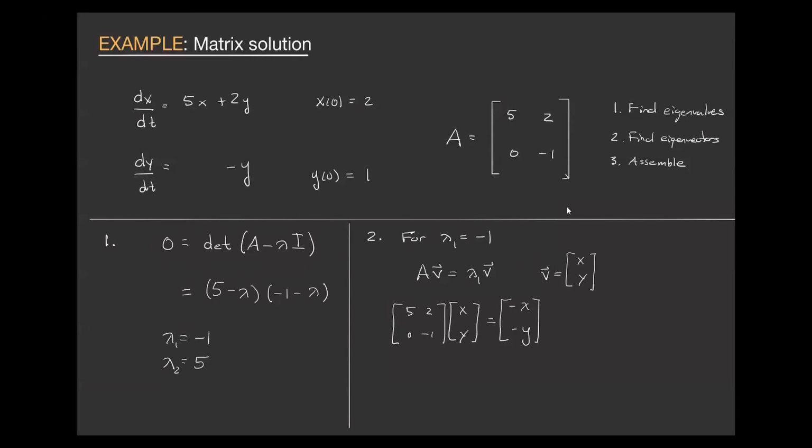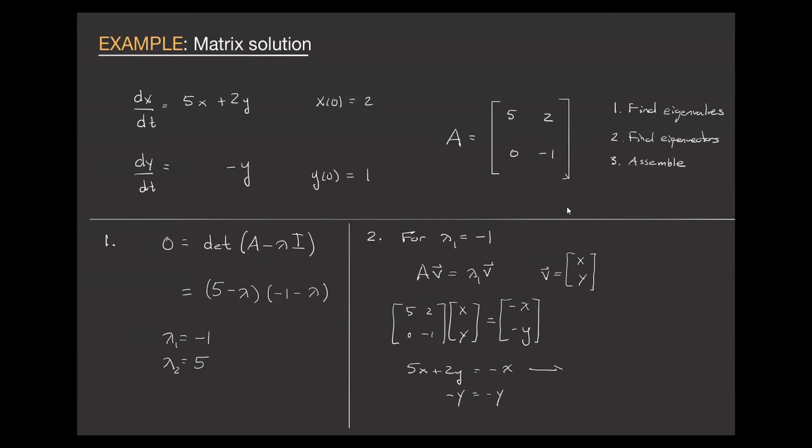And if we multiply all this out, what we get is 5x plus 2y is equal to -x. And then we get -y is equal to -y. So we don't get any useful information from the second one. And in the case of a 2 by 2, I claim you only need one useful equation. The first one will give us plenty.